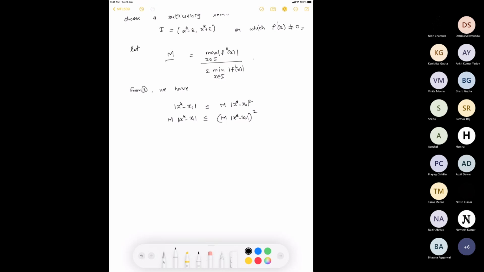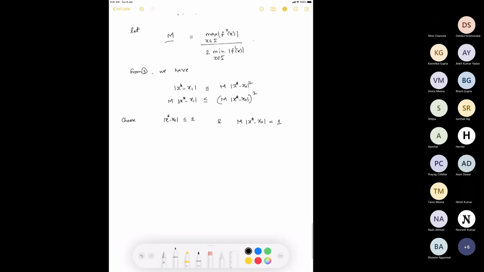So first of all, I will choose my x0 in the same interval I. Choose x0 such that x star minus x0, because anyways I'm working in that interval only, so my x0 is going to be in that interval. Secondly, I'm going to require that my x0 has to be such that m times x star minus x0 is strictly less than 1. Okay, then what will happen?